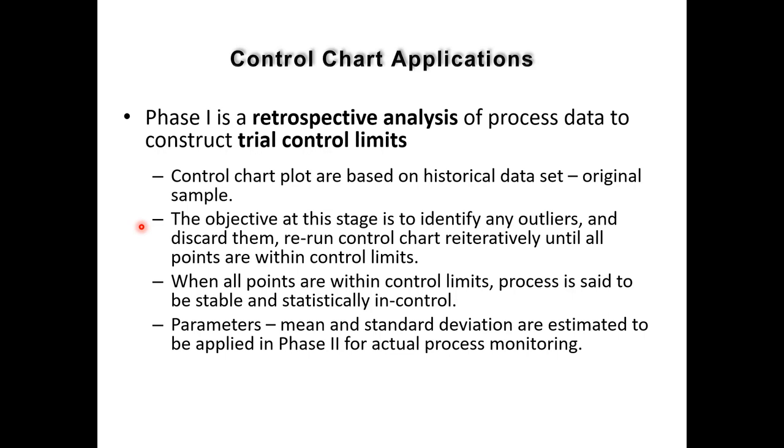So the objective at this stage is to identify any outliers and discard them, rerunning the control chart iteratively until all points are within the control limit. This means that if you have the historical data set, you plot the control chart using software, and you identify some out of control points, or points that lie beyond the lower and upper control limit.